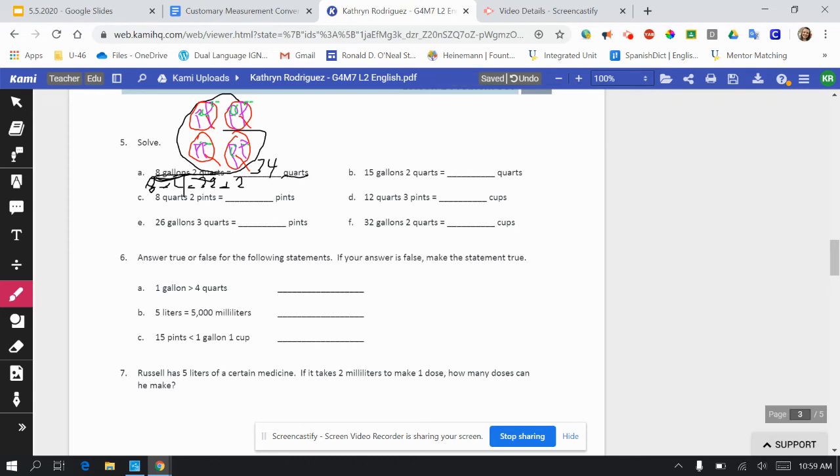Next one, 15 gallons plus 2 quarts equals how many quarts? So 15 gallons times 4 quarts equals 60 plus 2 equals 62 quarts.